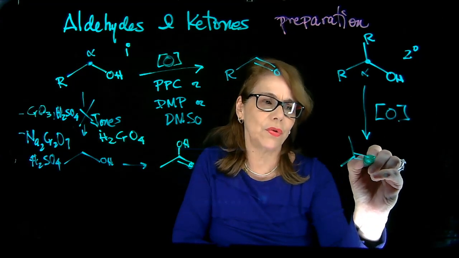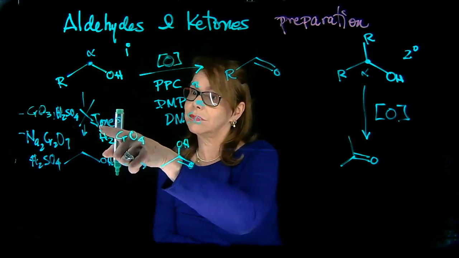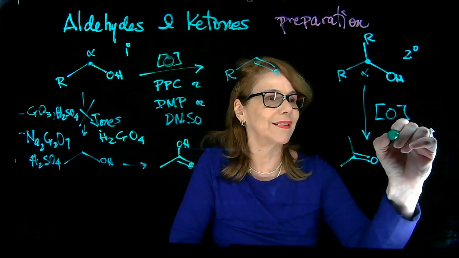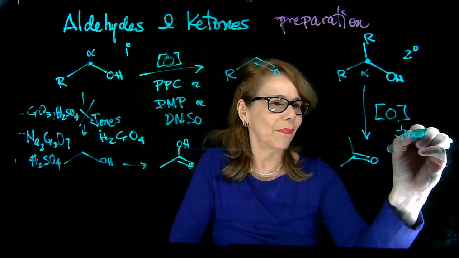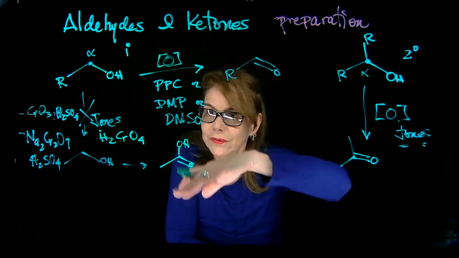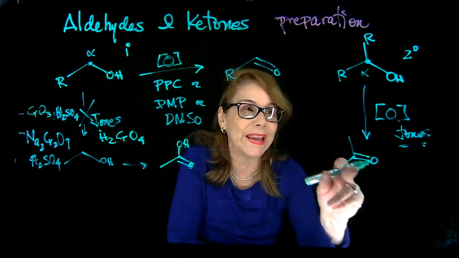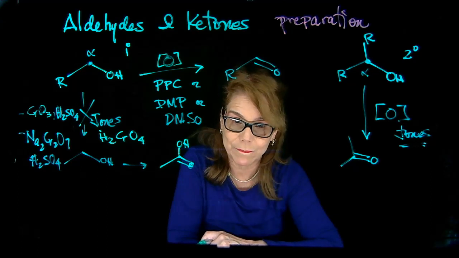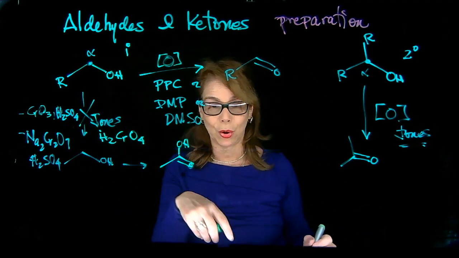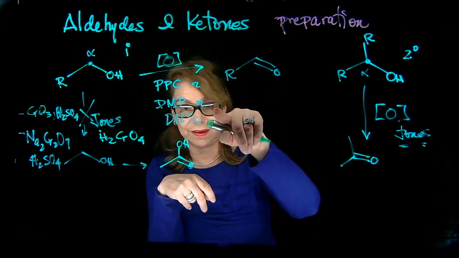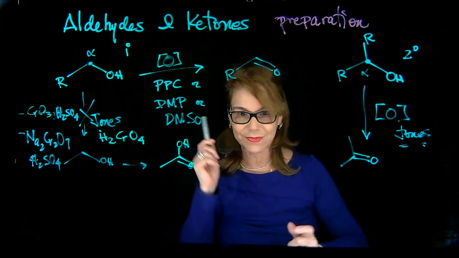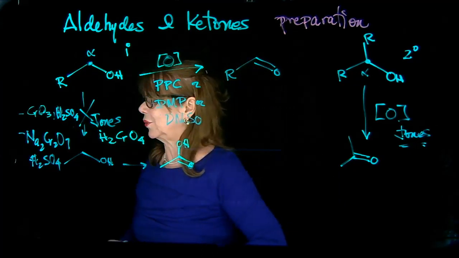So here you can use Jones or any of these, and typically we use Jones more, it's easier. But either one of these will work to give you a ketone from a secondary alcohol. So again, you can make aldehydes from primary alcohol oxidation using these oxidizing agents, or ketones from secondary alcohols. So that's one way of synthesizing those.